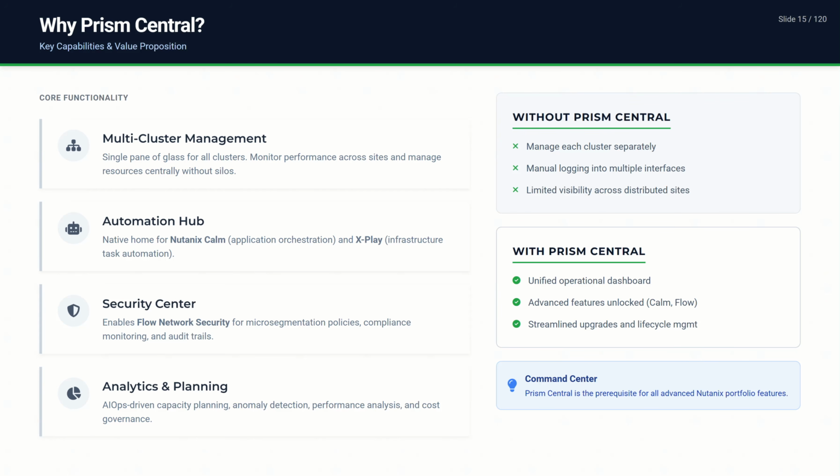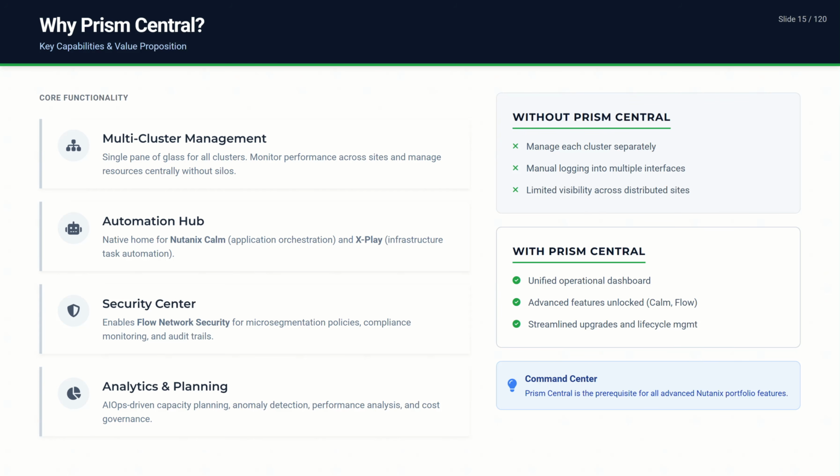Now let's look at the comparison boxes on the right side of the slide. Without Prism Central, you're stuck managing each cluster separately, manually logging into multiple interfaces with limited visibility across distributed sites. But with Prism Central, you get a unified operational dashboard, advanced features like Calm and Flow, streamlined upgrades, and lifecycle management.